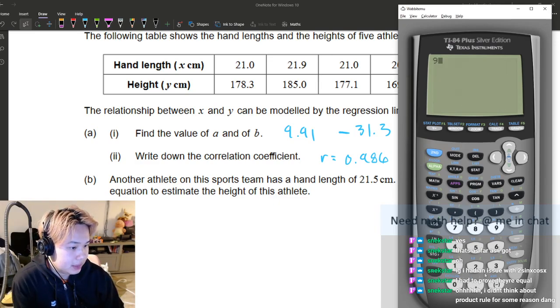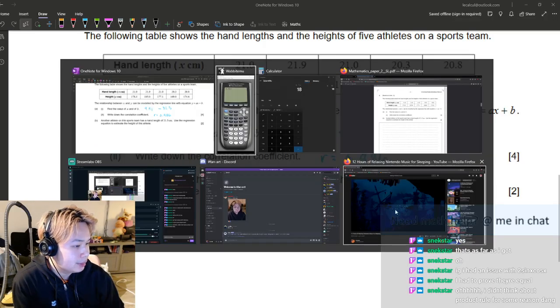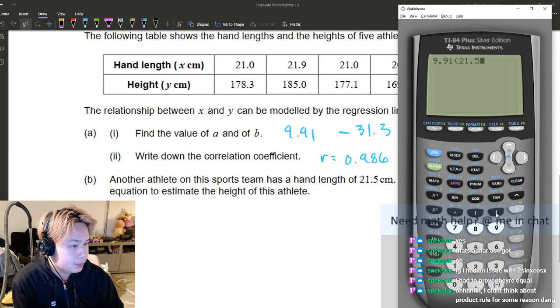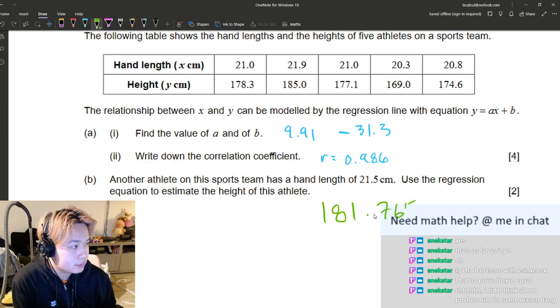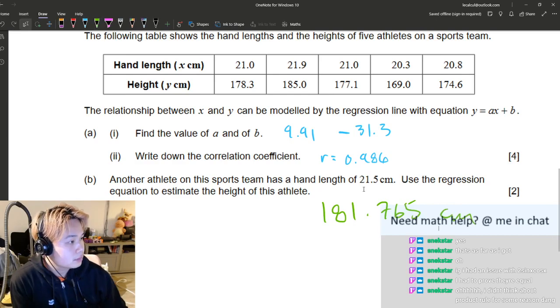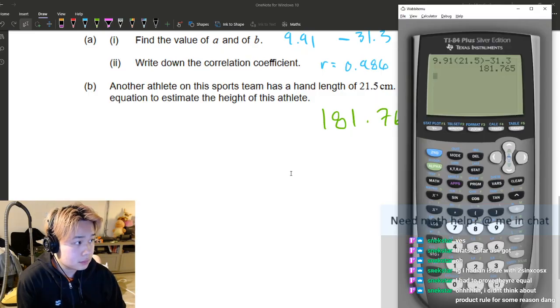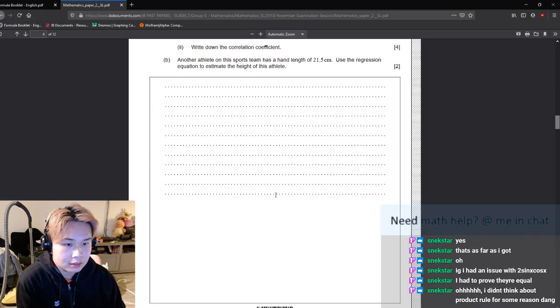So that was 9.91 times our x value, which is 21.5, minus 31.3. So 181.725. Easy peasy.